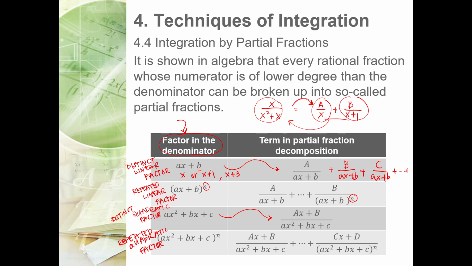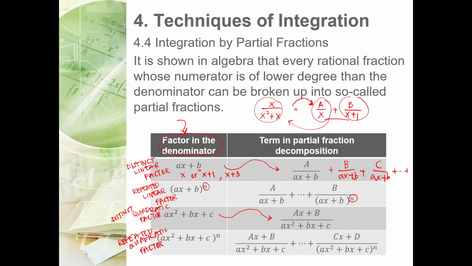So usually what we discuss in our advanced algebra course is that we go until the repeated quadratic factor. And since we know how to solve two or more unknown variables, if you know matrix, that's one way of solving five unknowns, six unknowns, or seven or more unknowns.